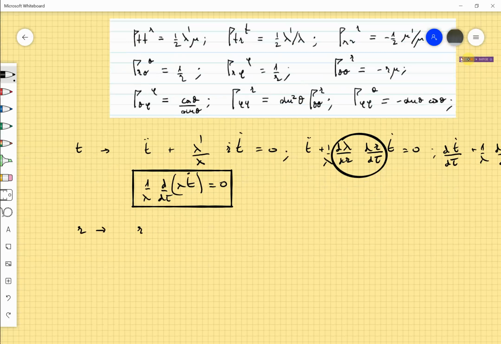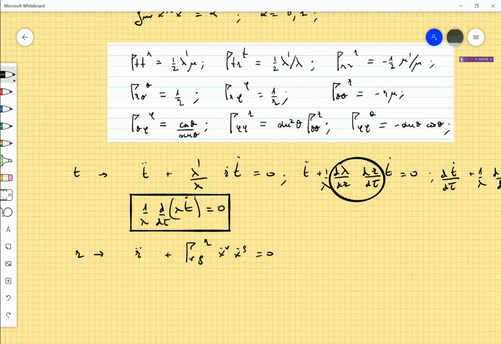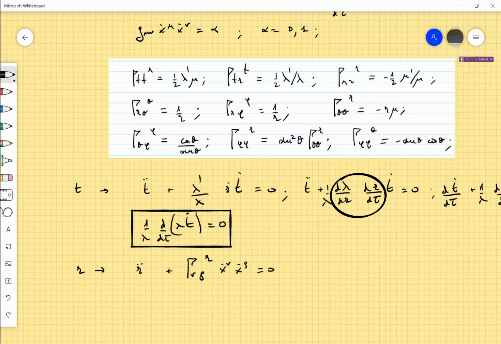Now the r component. Well, not the same, I mean we follow the same procedure or the same steps. Now I look at all the components of the Christoffel symbols that have an r, and now I have several. There is this one, and this one. The 3 of them are diagonal: they have tt, rr, and theta theta.